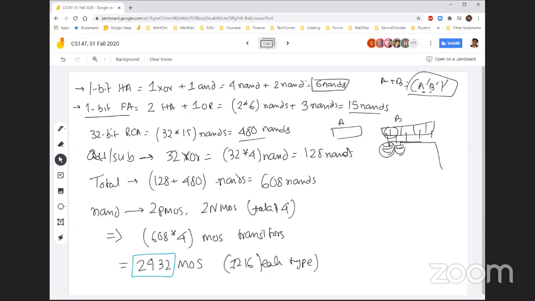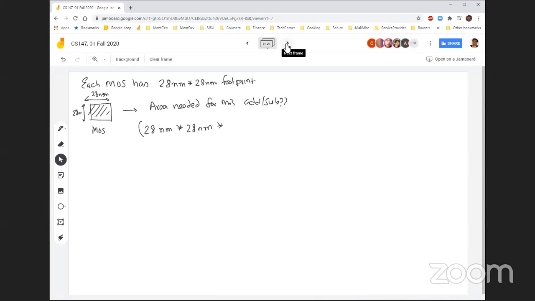With that footprint, what is the area needed on the chip for this add-subtract circuit? Sorry, I didn't change the frame. Here, each MOS has a 28 by 28 nanometer footprint. So let's say we are putting it on the silicon. Each takes a 28 nanometer by 28 nanometer space.